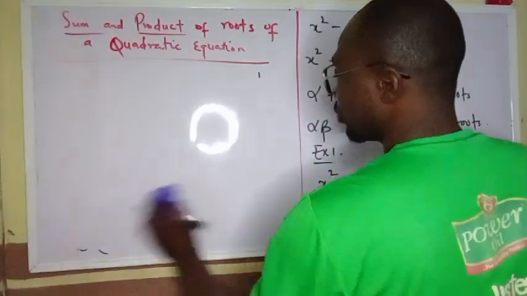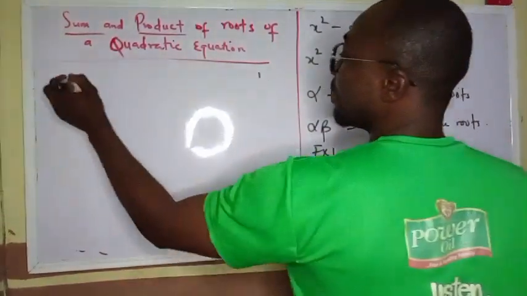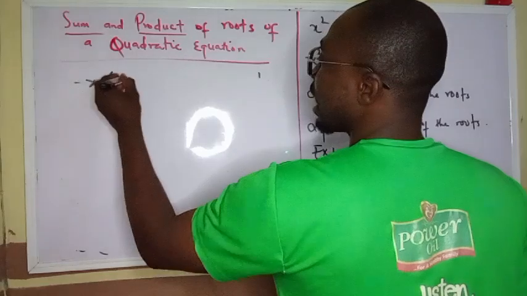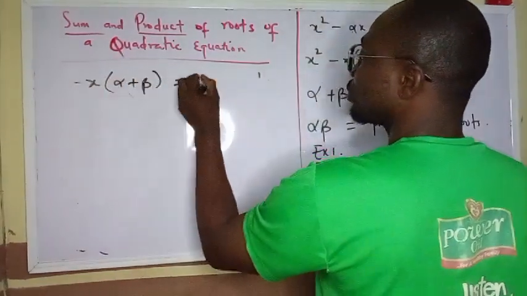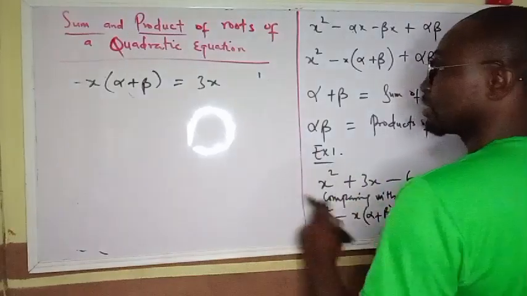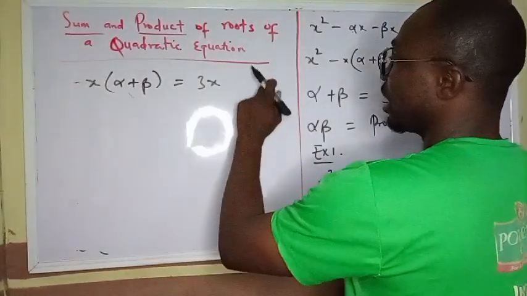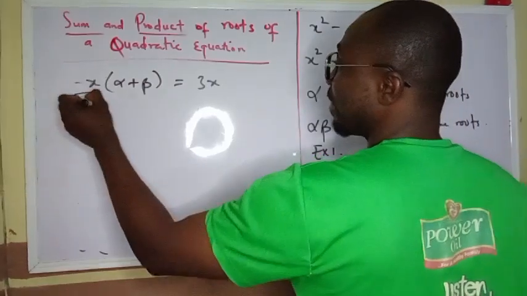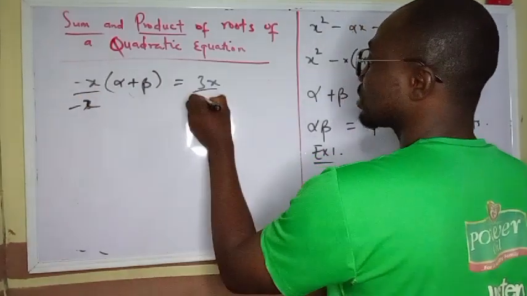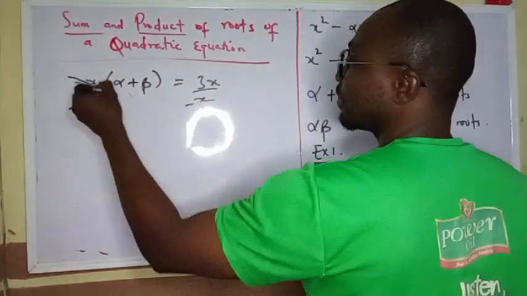We have minus x times alpha plus beta is equal to 3x. We are looking for alpha plus beta, so let's divide both sides by minus x, and this cancels out.